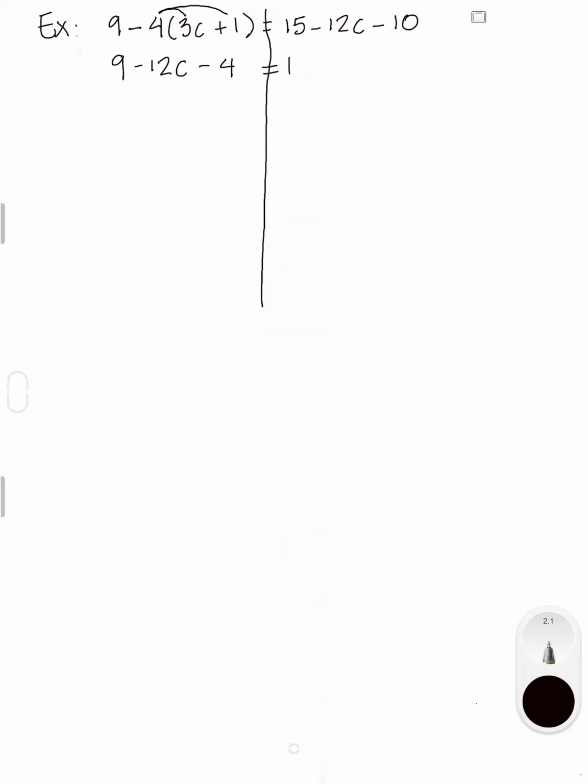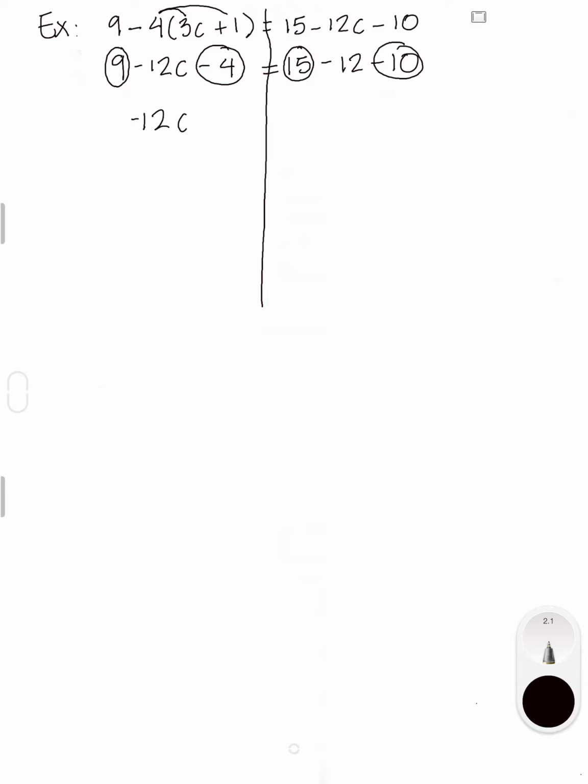And then on my right side, I have 15 minus 12c minus 10, where 15 and negative 10 can be combined because both are constant numbers. And then we can also see that on the left side, 9 and negative 4 can also be combined.